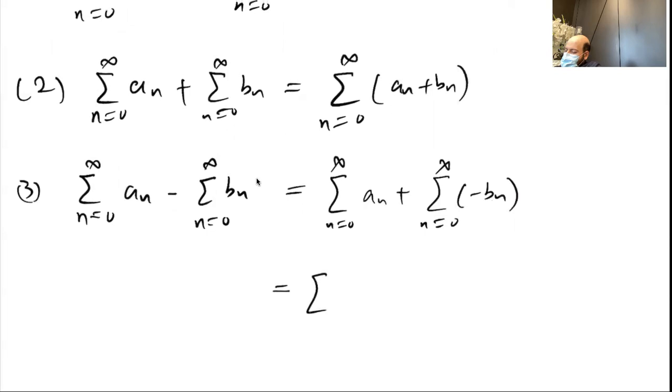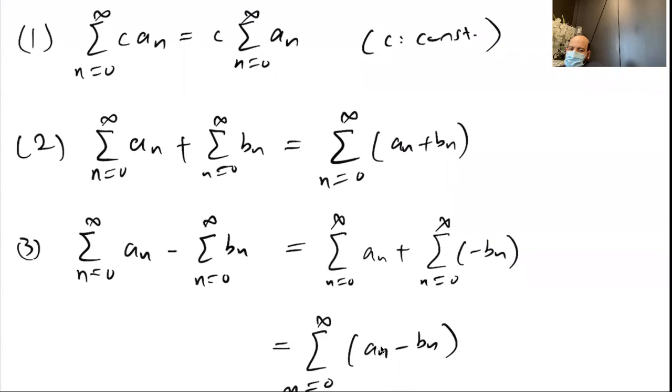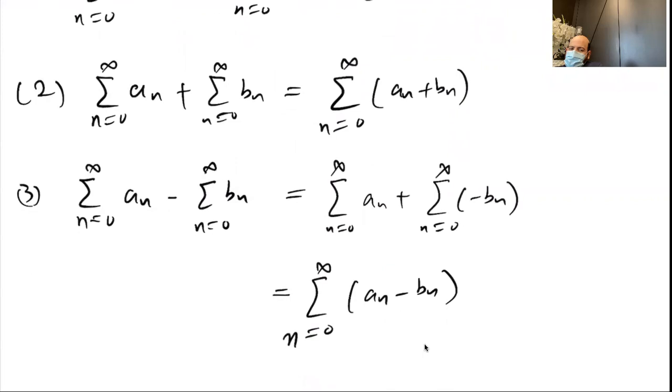And then I can write this as the sum of (a_n minus b_n) from n equals 0 to infinity. So first I can apply property 1 to write this sigma in this form, and then I can apply property 2, and I write it as the sum of a_n plus minus b_n, which is a_n minus b_n. So this is another property of sigma.